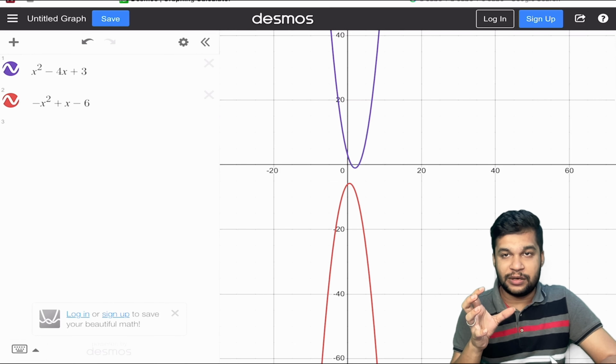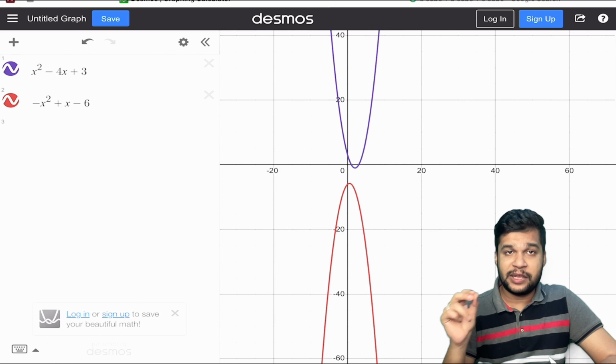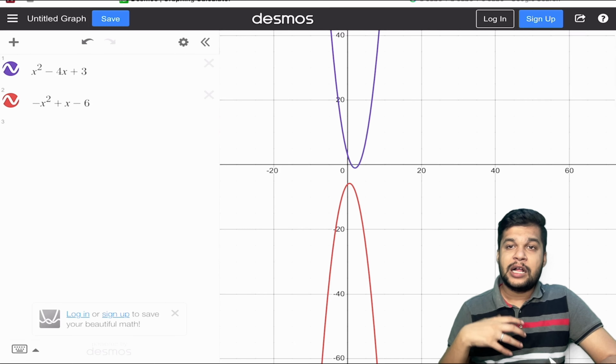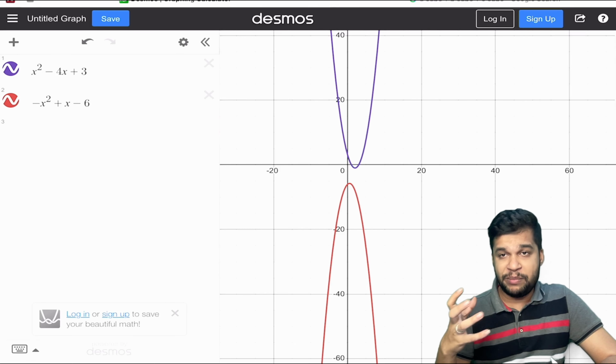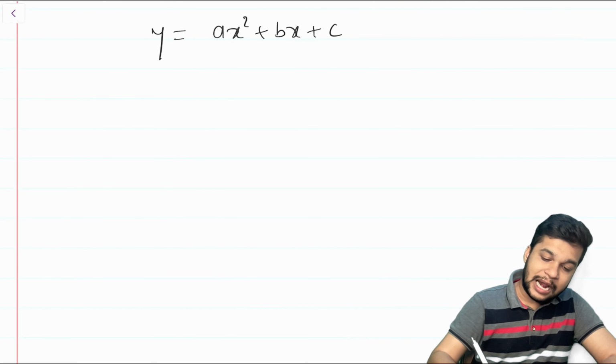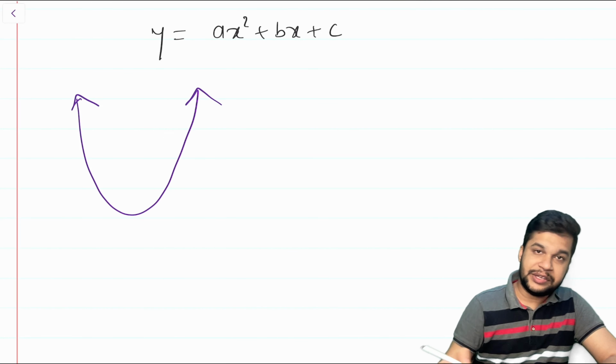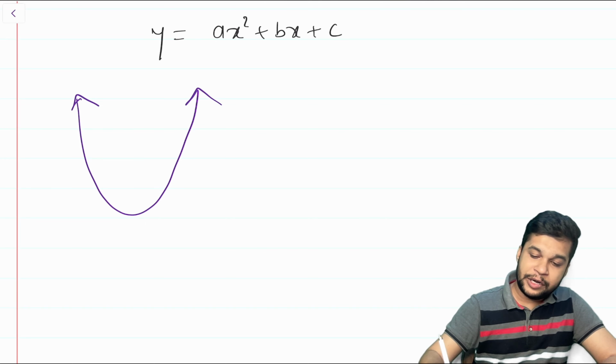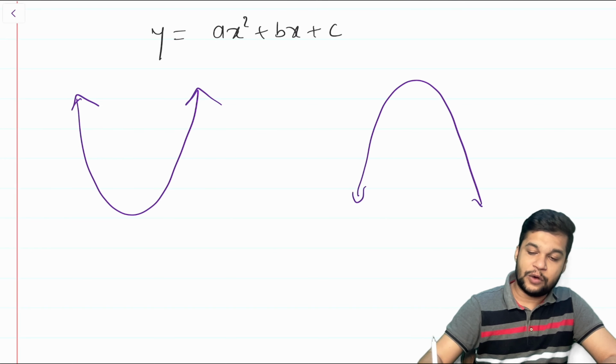The first function is x square minus 4x plus 3, and the second function is minus x square plus x minus 6. The conclusion that I'm trying to make here is that the graph either looks like this facing upwards or like this facing downwards.